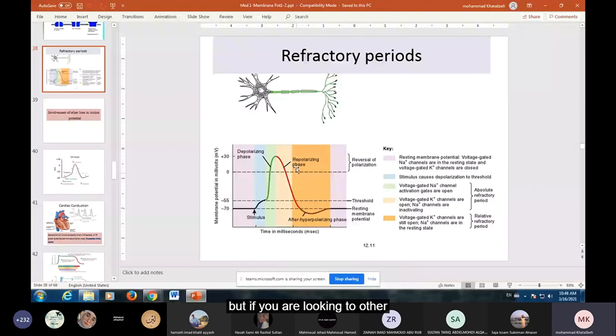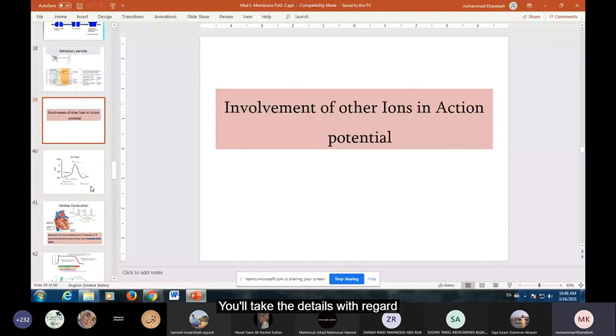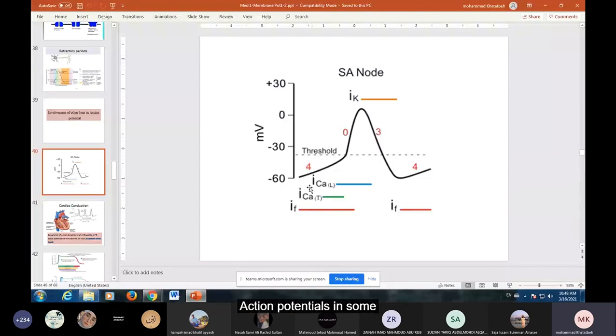But if you look at other tissues, you can find other ions involved in the generation of action potentials. You will take the details with regard to the involvement of other ions, I think, with Dr. Faisal later on, when we'll be talking about cardiac muscle and how they generate that action potential. So only briefly, I will let you know that here we can also have calcium ions involved in the generation of action potentials in some types of tissues. Okay?